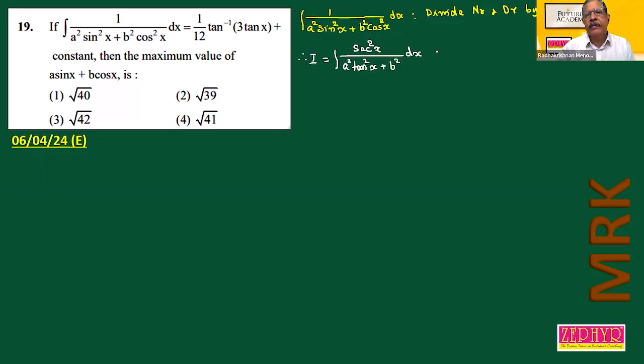The method is very clear. Put tan x is equal to t, which implies sec squared x dx is equal to dt. Therefore, I equal to integral 1 by a squared t squared, that I am writing as (a t) the whole square, plus b squared, dt.